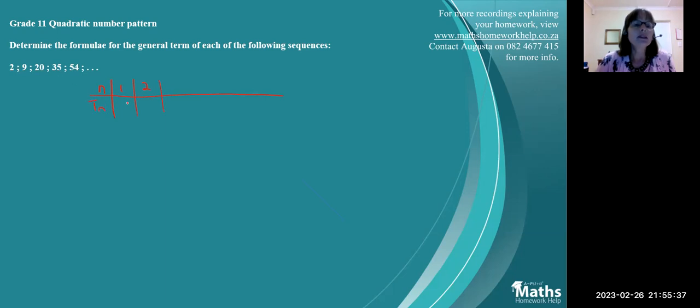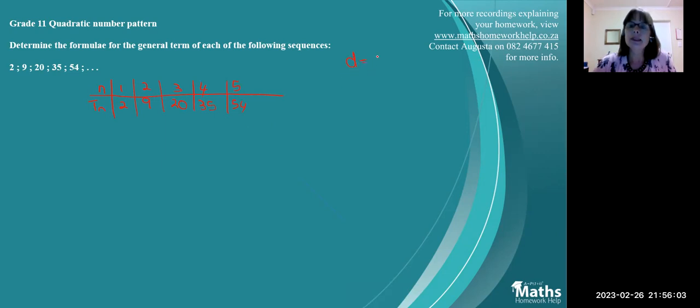The first term is 2, the second is 9, the third is 20, then 35, and then 54. If you look at the summaries, you will see that you are either going to sit with a constant difference, and that's when you work with a d, or you're going to sit with a constant ratio.